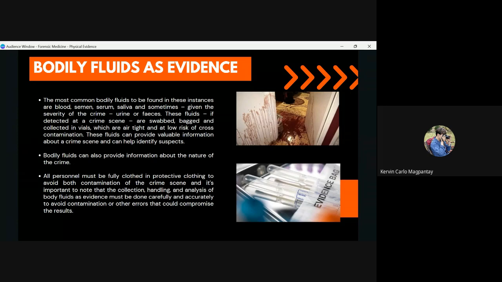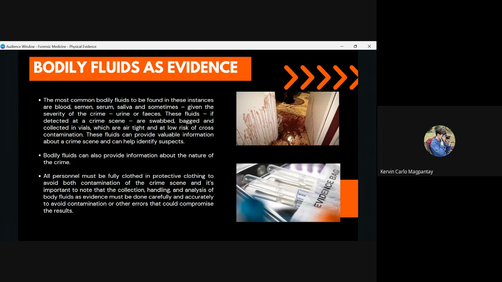Yung puddle of blood na to, pwede siya mag-indicate na let's say, nahulog sa floor yung victim or yung suspect tapos nag-bleed out siya. Kaya meron siyang puddle of blood dun sa area na yon. Or pwede din tumigil siya saglit dun sa spot na yon na duguan siya. Kaya ang nangyari, nag-pool yung mga blood na nag-drip sa kanya.